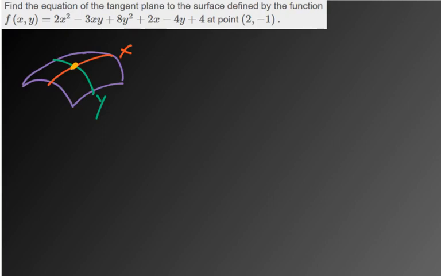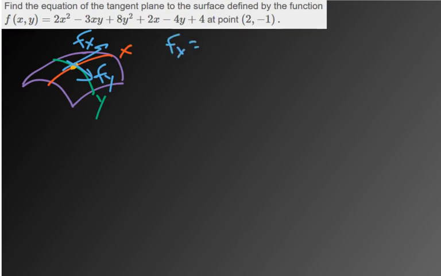And so if you take f with respect to x, and then f with respect to y, the partials in those directions dictate the slope of the tangent plane in the two directions at the point. Then you can plug those into a linear planar equation. As long as you put them in the right spots, you would have an equation of the tangent plane. So we first need the partials.